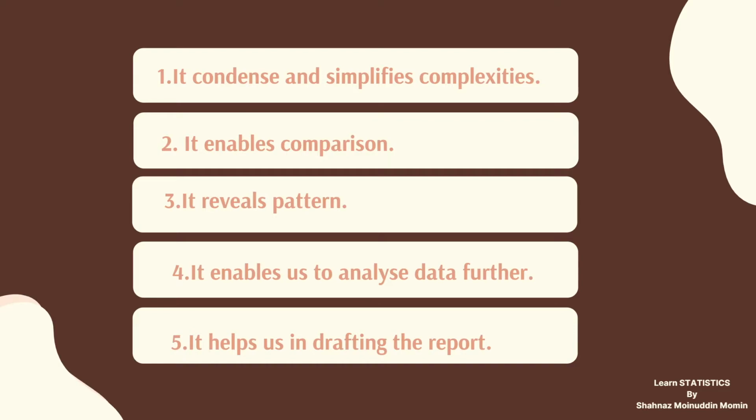The fourth object is it enables us to analyze data further. Since when data are arranged in tabular form, further analysis becomes easier. We can calculate different characteristics such as averages, dispersion, correlation coefficient, etc.